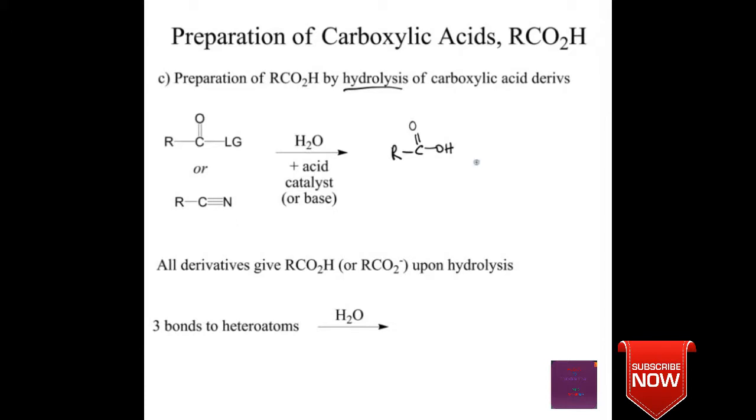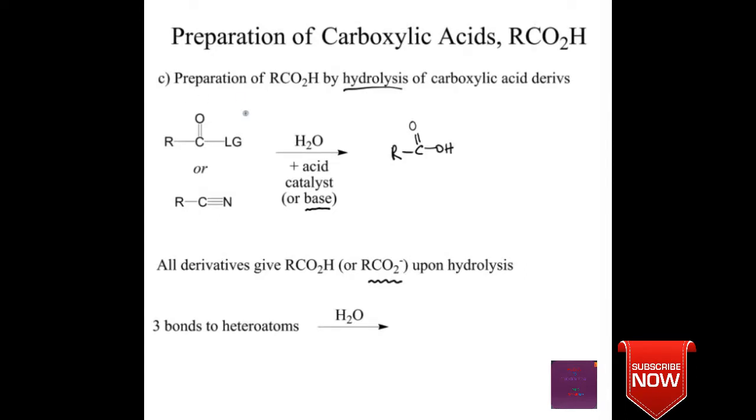Now, you'll either get the carboxylic acid, or if you use base here, what's going to happen to that carboxylic acid? It will get deprotonated. So instead of getting the neutral acid, you would get the carboxylate salt. But still, clearly, just a proton away from being a carboxylic acid.